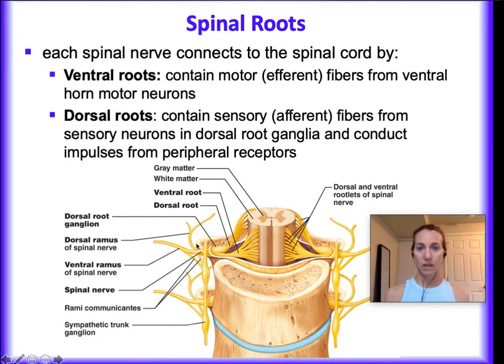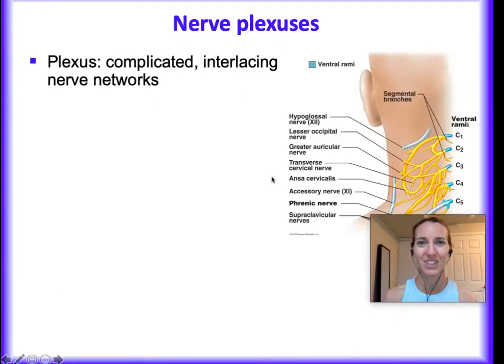So sensory input is going to come in through these dorsal roots, and then on into the dorsal spinal cord. Similarly, motor output, these efferent fibers are going to travel through these ventral roots through here. So just some general organization.